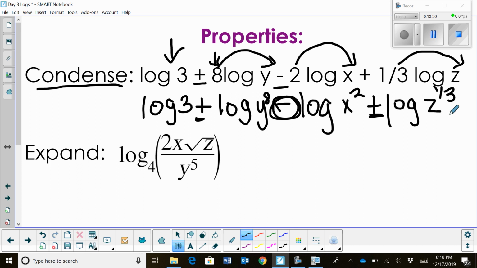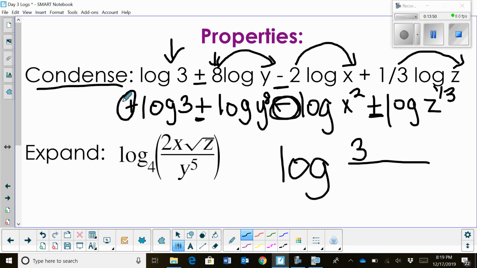So now I condense all 4 logs down to one single logarithm. So this is going to be a log base 10, and in the fraction, anything positive is on top. So I'm going to have a 3 on top because that's a positive log. We don't write it, but there's a positive out there. Okay, y to the 8th, that's also positive, so that's also going to go on top. Now I have a negative log x squared. Anytime I have a negative, it's going to go on the bottom of the quotient here.